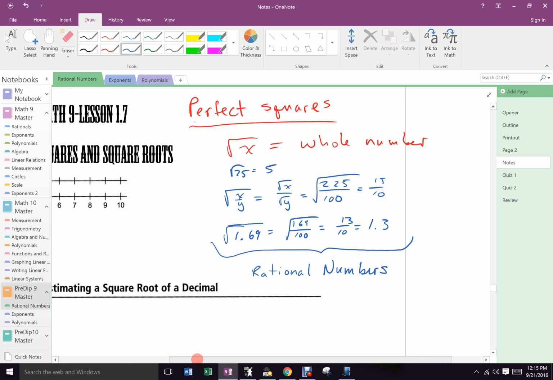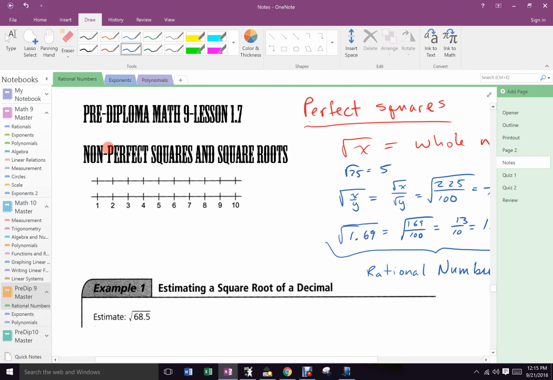Okay. Well, now we need to talk about non-perfect squares. All right? And these are the ones that don't end up rational. Okay?